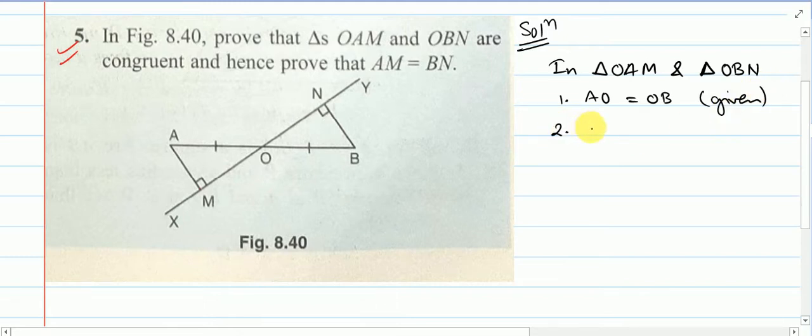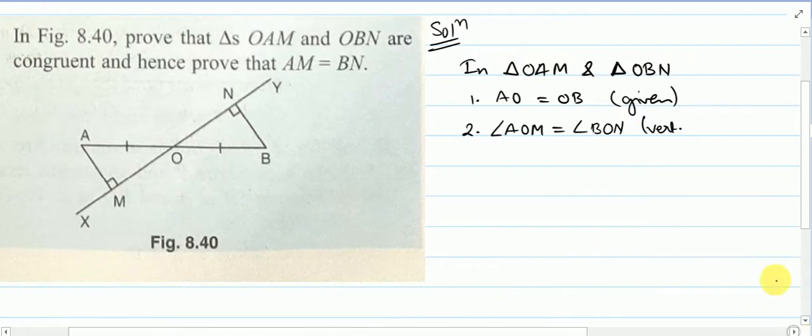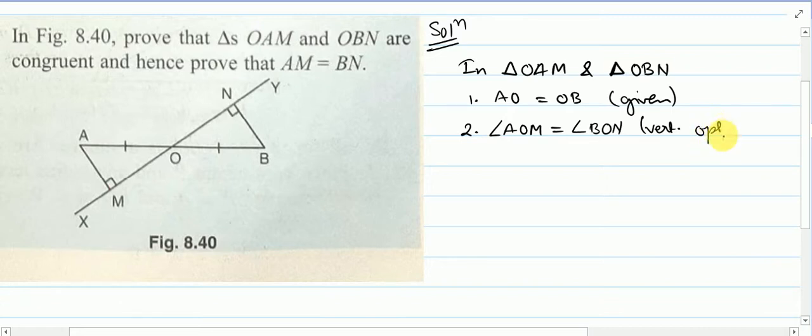Number 2, angle AOM is equal to angle BON, vertically opposite angles.